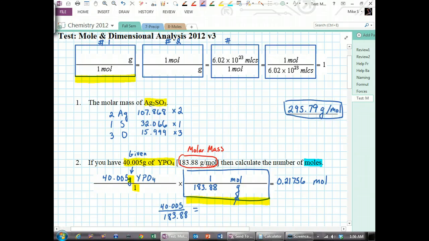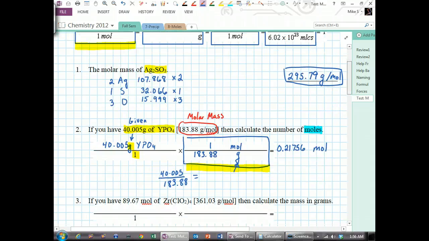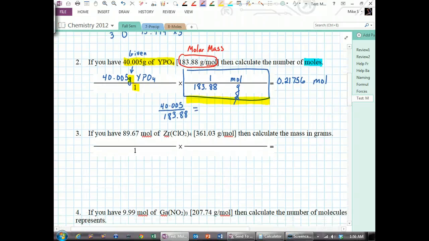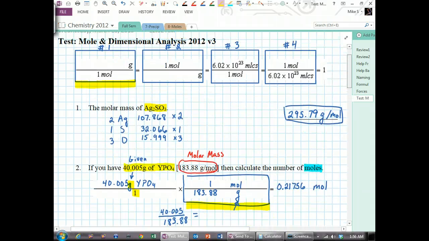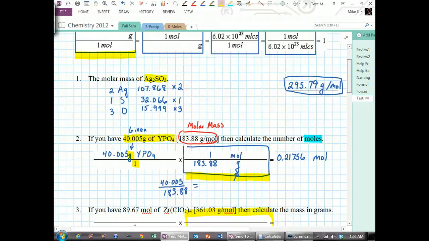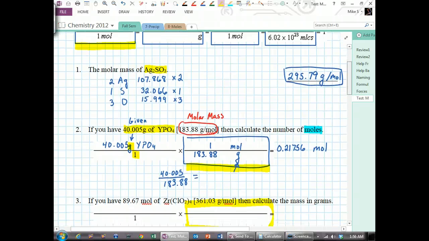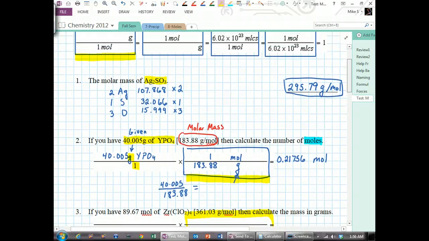Fraction number 3 is using Avogadro's number, where Avogadro's number is on top, and fraction number 4 is where Avogadro's number is on bottom. Whenever you see one of these problems set up where you have a fraction like this, one of those 4 fractions will go in that spot. So you've got to decide which one will do that, and I'll show you in a bit how you decide.